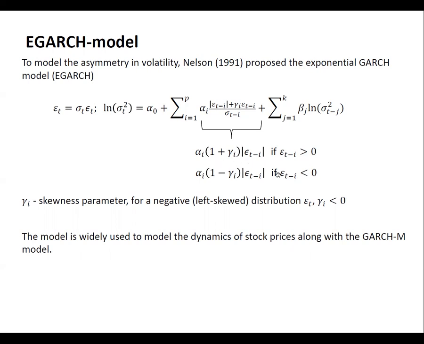And if the error is negative, then the coefficient will be alpha multiplied by 1 minus gamma. That is, due to this sign change, we have an asymmetry effect that positive risks and negative risks can be measured in different ways. And in reality, the data generation process may be such that these risks are actually different. That is, the coefficient gamma is the coefficient of asymmetry.